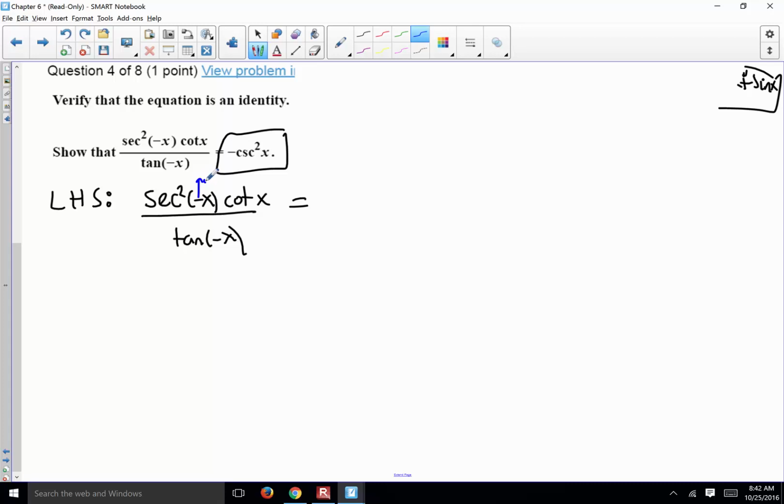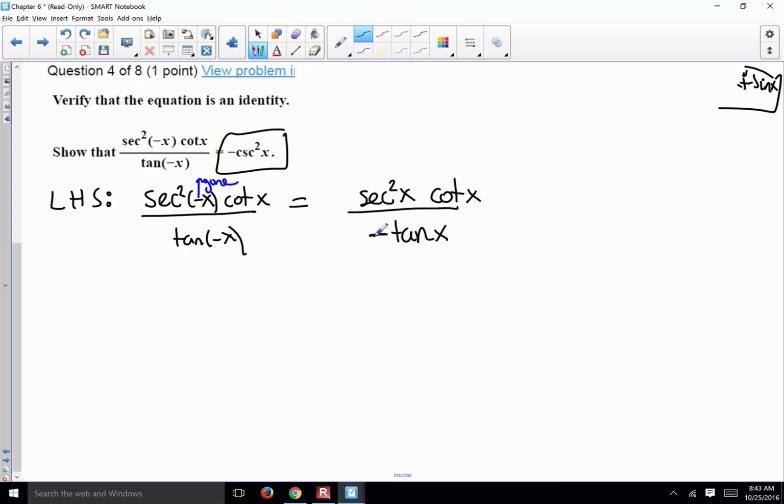So this minus gone, because secant is even, right? So we don't have any minus here, so I'm not touching cotangent. So what happens to minus of the tangent? It comes out because tangent is odd. Cool. Next.